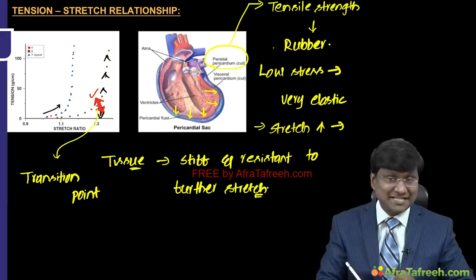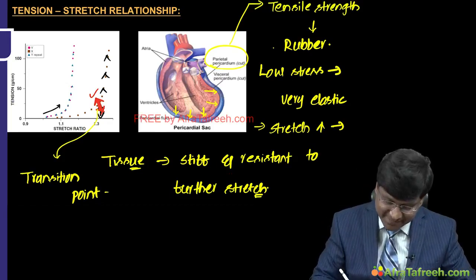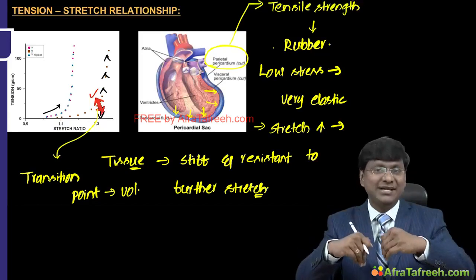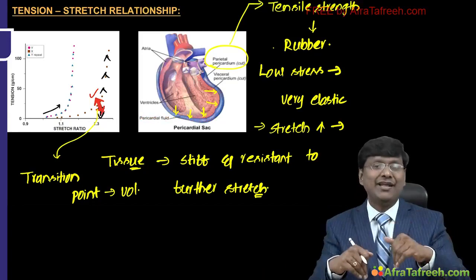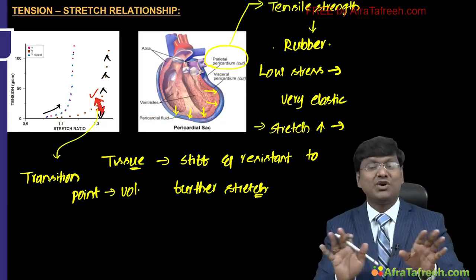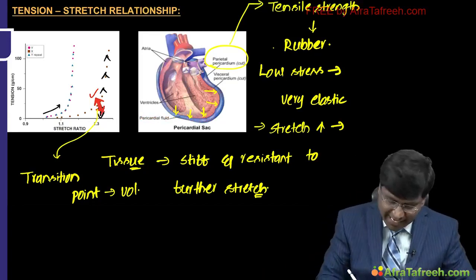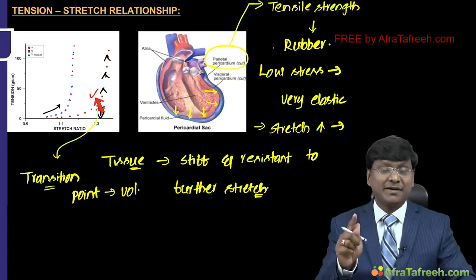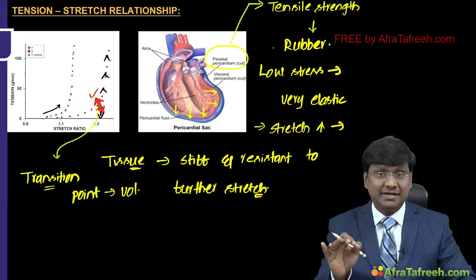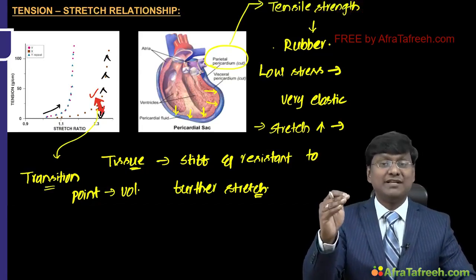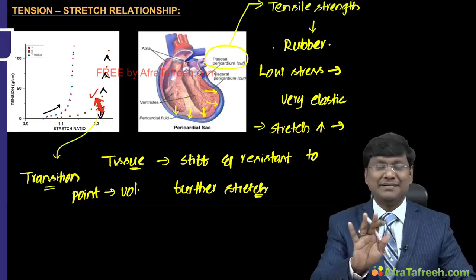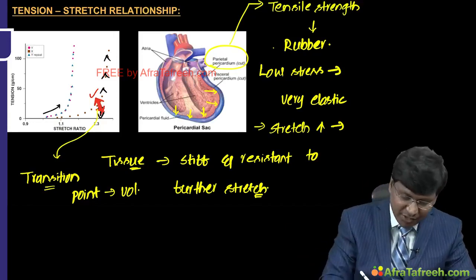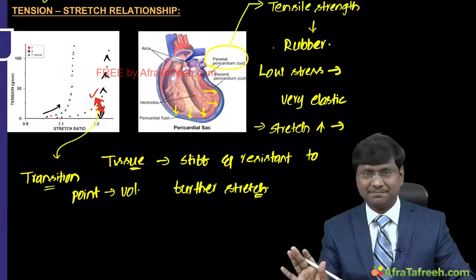That means this transition point tells us that the cardiac volume that has entered the ventricle is maximum, and further entry of cardiac volume is not permitted. At this transition point, the heart has achieved the upper range of the physiological cardiac volume, beyond which the pericardium does not allow. That is your tension stretch relationship.